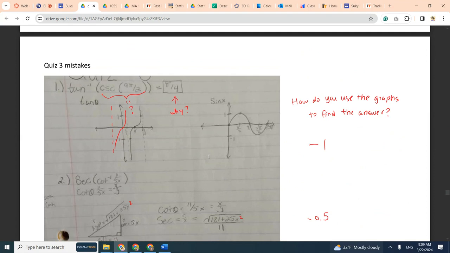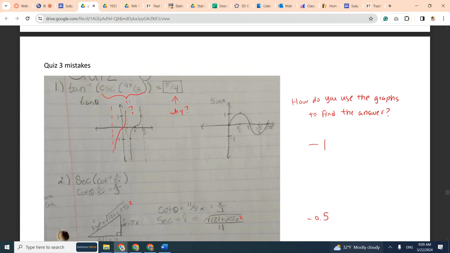Okay? Then find the cosecant. And we know this is 1. Then arctangent of 1. So where is 1? Here. And the picture you need is from minus pi over 2 to pi over 2. Okay? And then get the final answer.